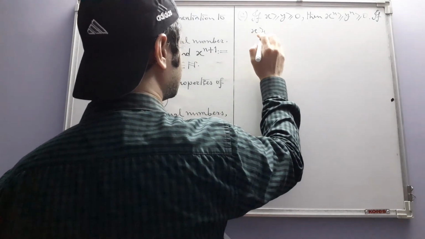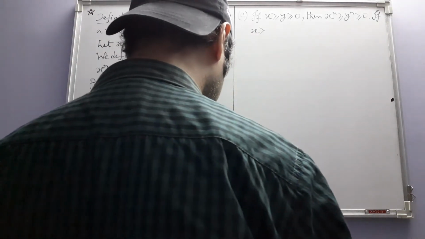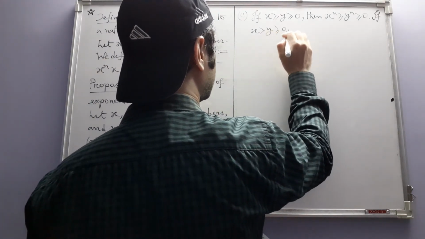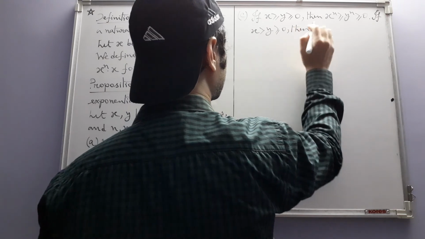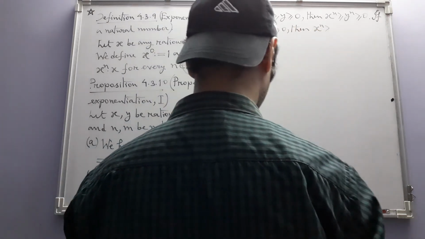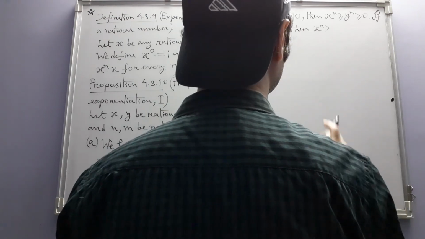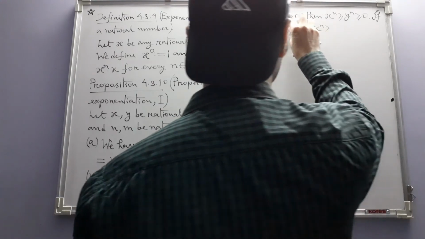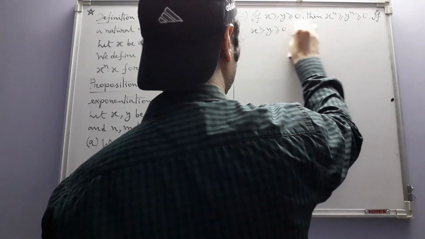If x is strictly greater than y and y is non-negative, then x to the power n is also, okay. Instead of writing it like this, let's include the other condition.